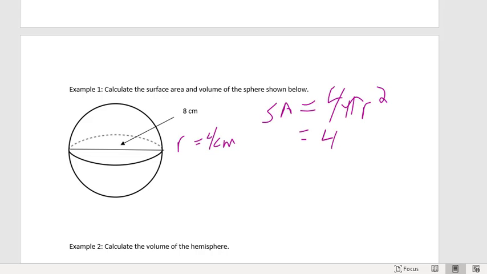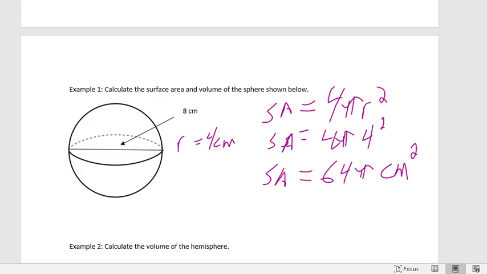So 4 pi times 4 squared. Four squared is 16 times 4 is 64. So we have 64 pi, and units are centimeters squared. That is the surface area.